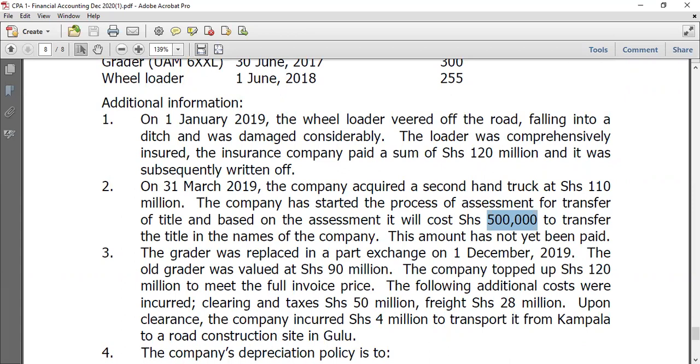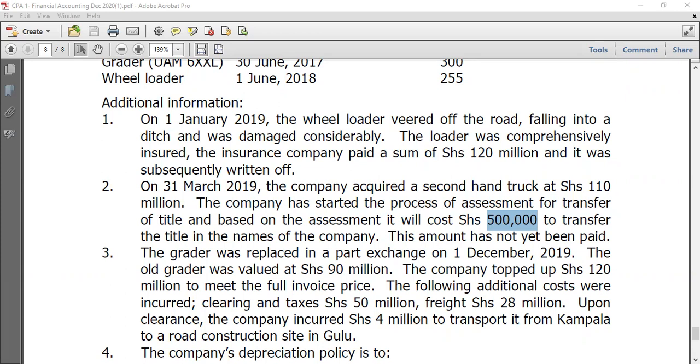it's expensed. Now we have what is referred to as capital expenditures, and then we have what we call revenue expenditures. In this case, this is a capital expenditure.